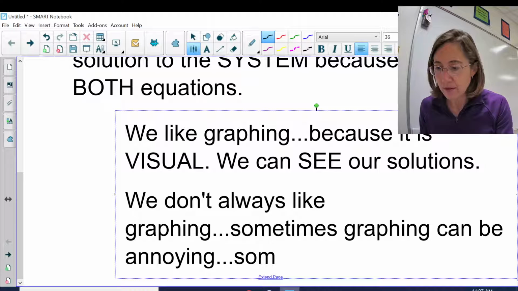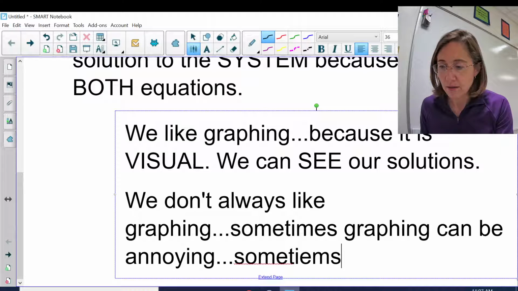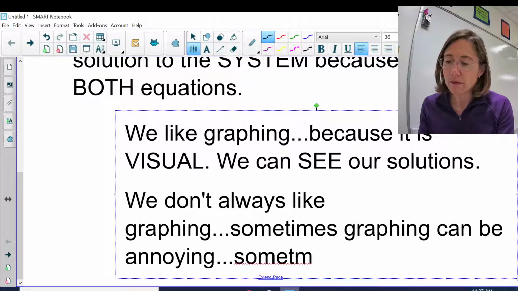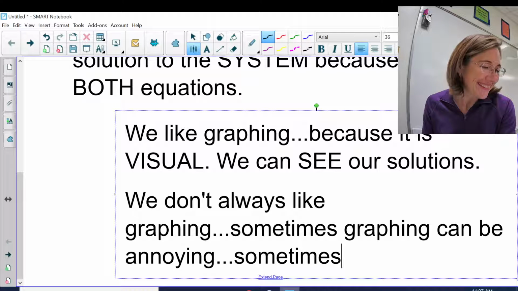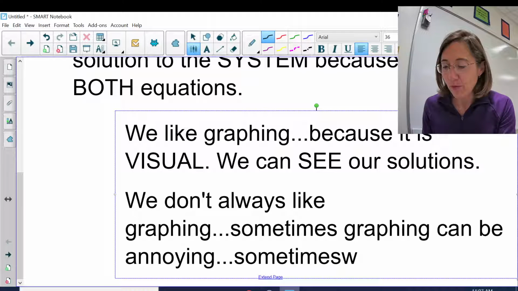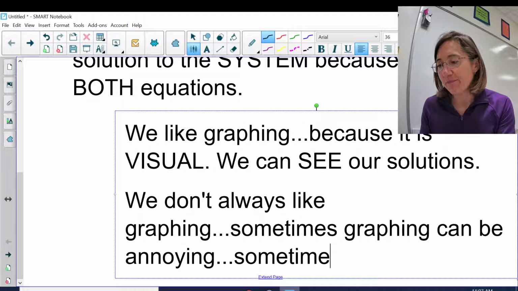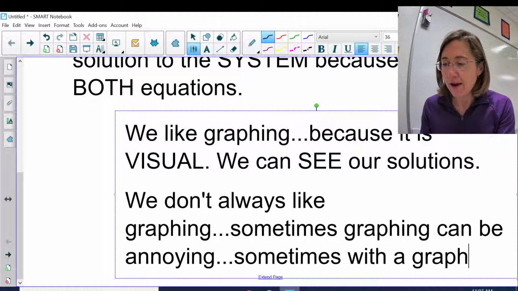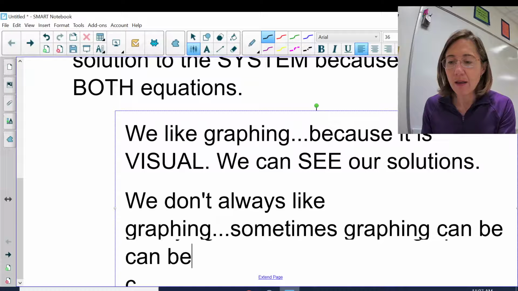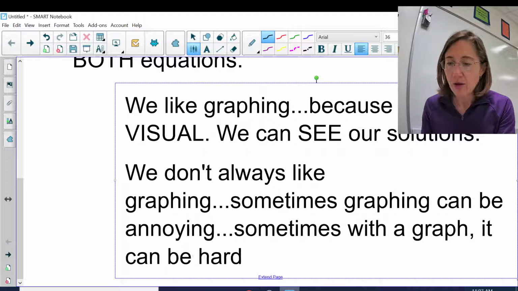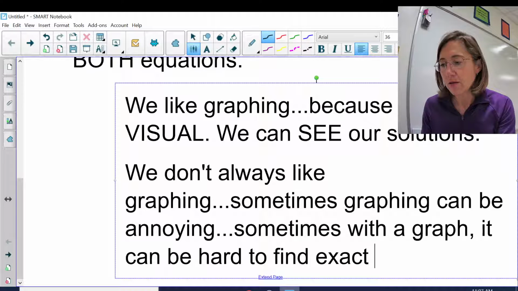Sometimes with a graph, it can be hard to find exact solutions.